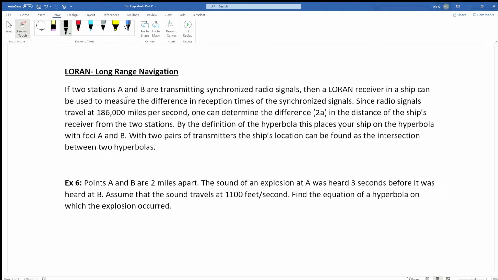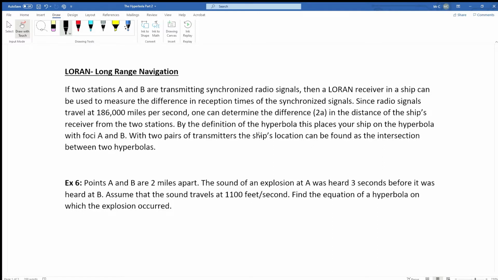If two stations, A and B, are transmitting synchronized radio signals, then a LORAN receiver in a ship can be used to measure the difference in reception times of the synchronized signals. Since radio signals travel at 186,000 miles per second, one can determine the difference in the distance of the ship's receiver from the two stations.